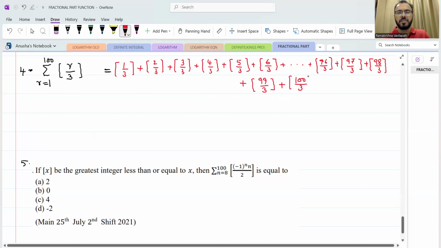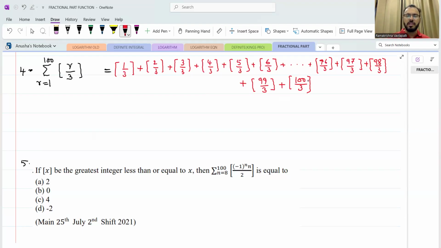All right. Now we'll calculate each term and see if we get some kind of pattern.